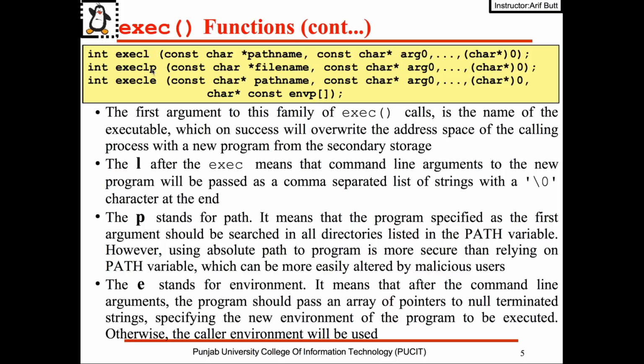The P, if used, stands for path. It means that the program specified as the first argument should be searched in all the directories listed in the PATH variable. However, it is always better to use absolute path, which is more secure. The E, if used over here, requires another third argument, which is the environment.